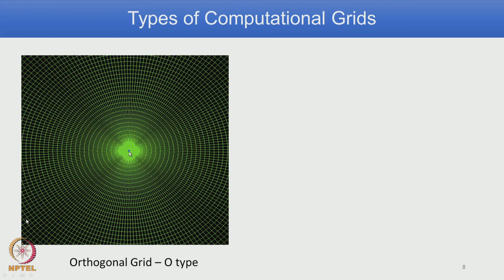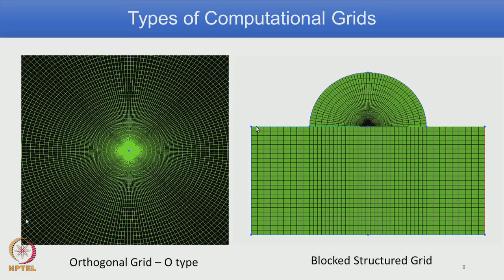The center that you see here is a geometry, and the grid is generated body fitted to the geometry, and very close to the geometry it is very dense, that is why you are not able to see the grid lines very clearly, but as you move away it is stretched. It is a structured grid, so it follows the definition of structured grids, and all the grid lines follow the orthogonal condition, and you get to see here.